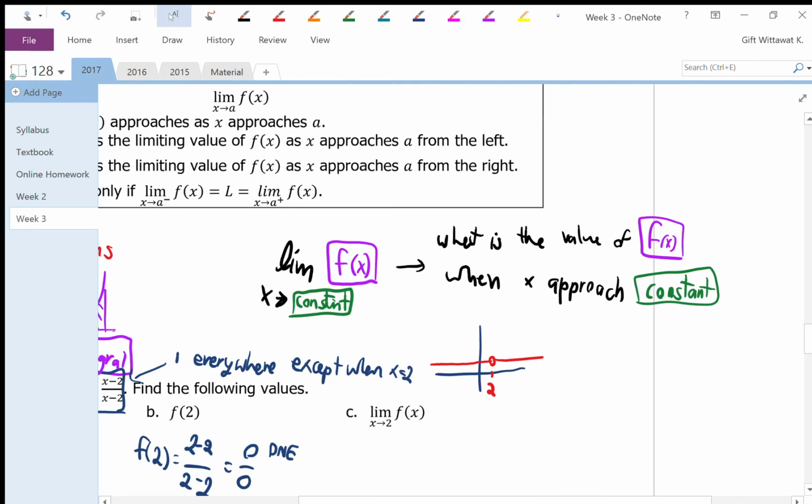What is the value of my function when x approaches this constant value?